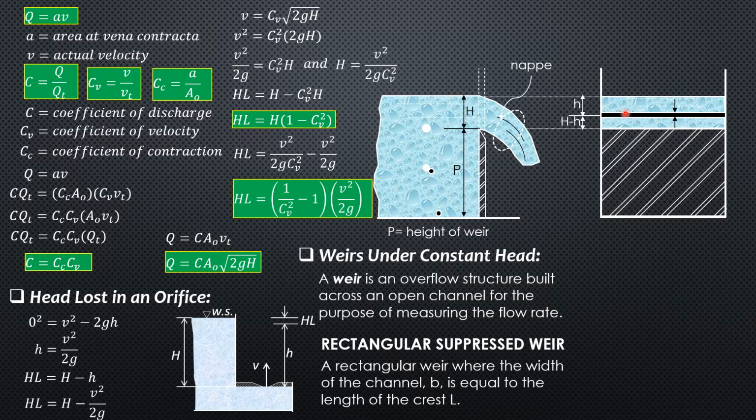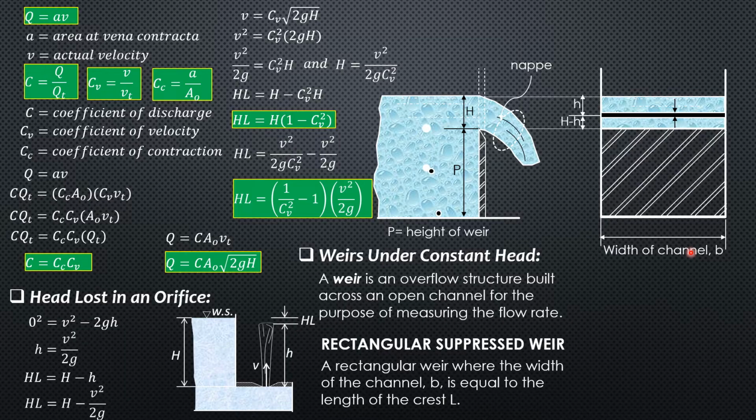Now, this is the strip of the section here, and this is treated as an orifice. This is the head over the orifice. The center of this strip is denoted by small h, since this is capital H. Therefore, this distance is big H minus small h.